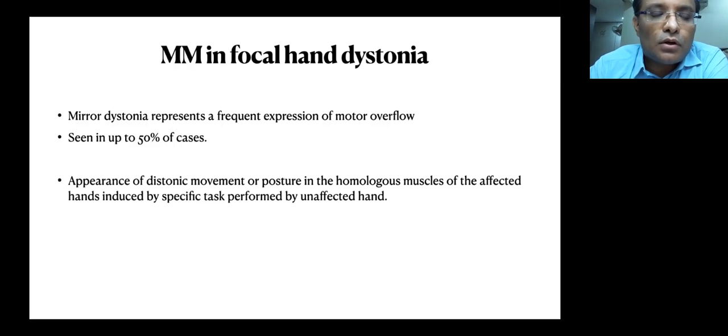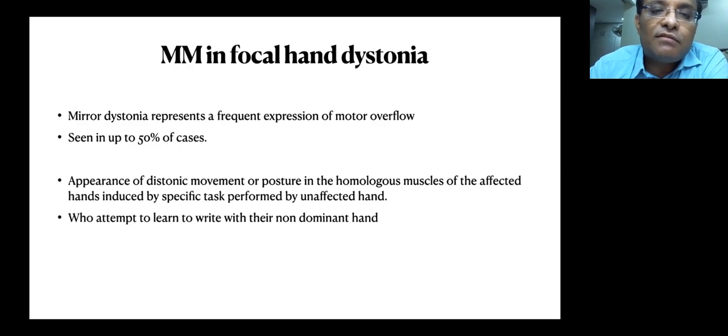Again, as we know, whenever the patient is asked to perform a specific task with the unaffected hand, suppose the patient has writer's cramp on the right side, you ask the patient to write with the left hand, and when you see the appearance of dystonic movements in the affected hand, it is a mirror movement which you are looking for.